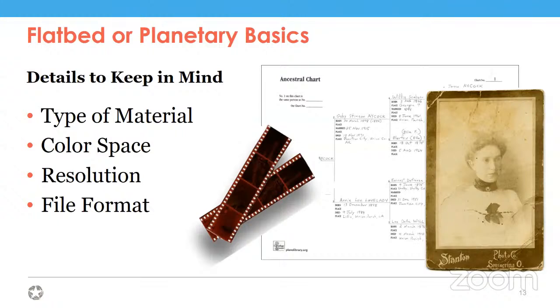Again, it's a consistency. You want to have everything be the best that you can have it, but that will change between the different format types. So let's talk about some of those things.